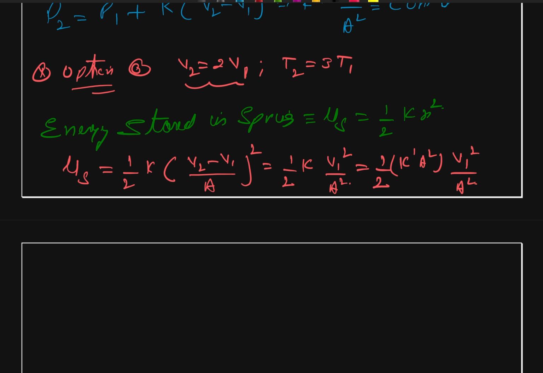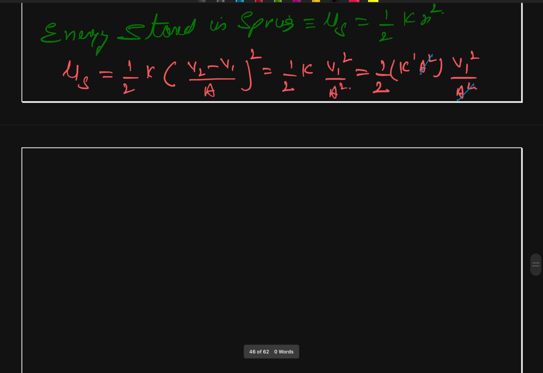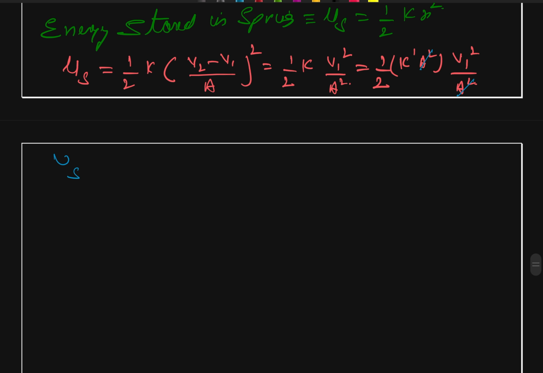So this A square and A square cancel out, so we get U of spring is equal to half K prime V1 square.